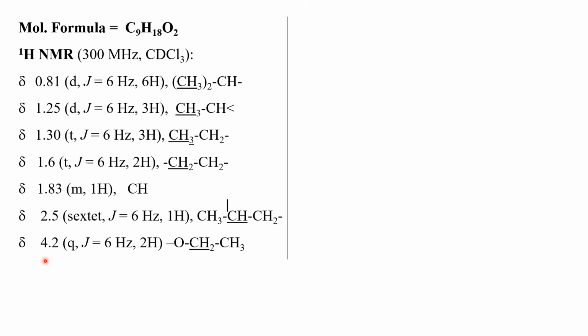The most deshielded signal appears at 4.2 delta, which is a quartet for 2 protons. 4.2 is very much deshielded, and as per the molecular formula, oxygen is the most electronegative. So this carbon should be attached to the oxygen, and since it is a quartet, the neighboring carbon should carry 3 hydrogens. So the partial structure becomes an ethoxy group.